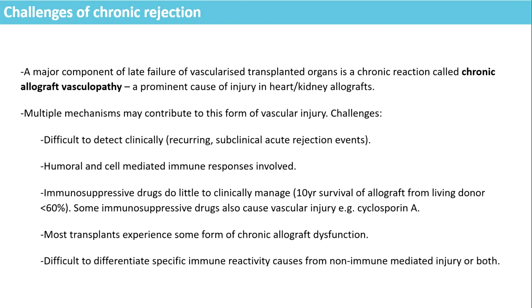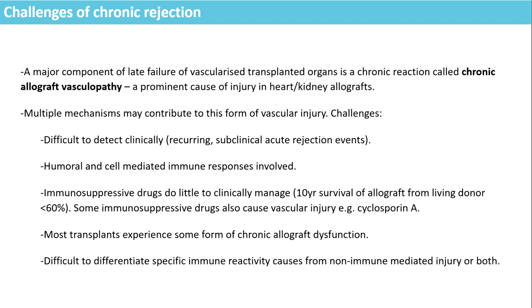There are obviously quite a few challenges when it comes to chronic rejection, and one of them is chronic allograft vasculopathy, which is a prominent feature of graft rejection, especially in heart and kidney transplants. There are several challenges with this. It's difficult to detect, so remember I said it's a lot of recurring subclinical, acute rejection events.